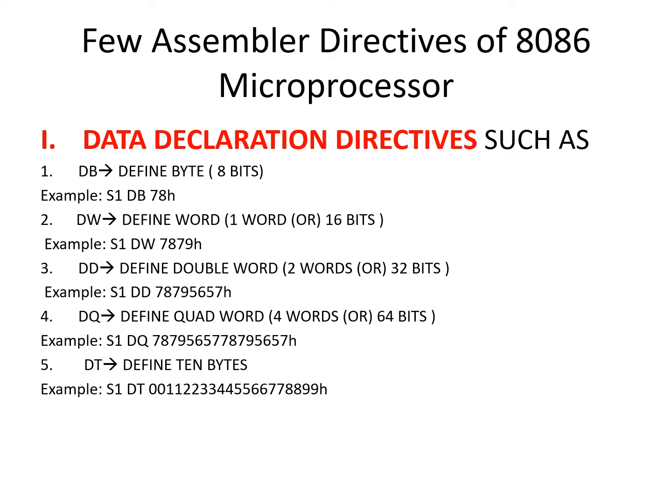So in the program, it's a 10 byte value. That is why segment 1 consists of DT. That means define 10 bytes. So after DT, whatever number follows is taken as 10 bytes.